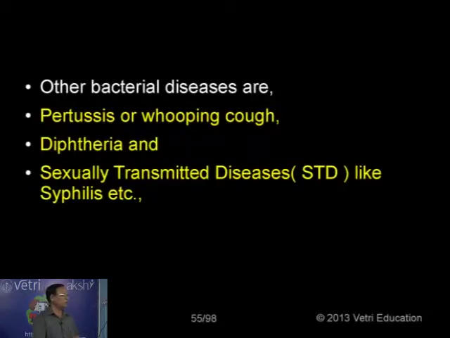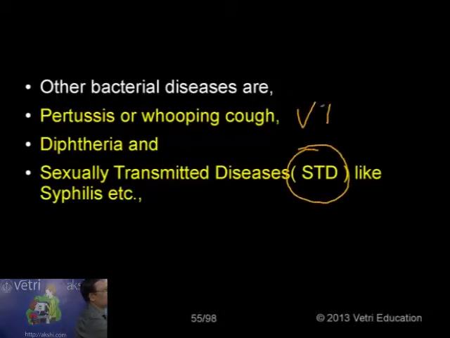And finally, there are some diseases which are transmitted through sexual contact with affected persons. Those disorders which are transmitted by means of sexual contact are called STD, sexually transmitted disease, formerly called venereal disease. We have a number of sexually transmitted diseases.